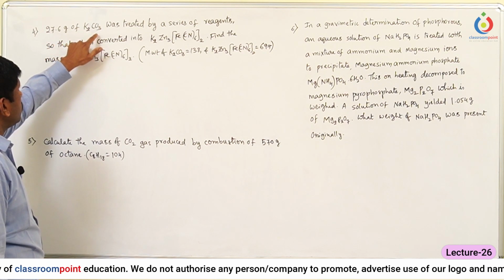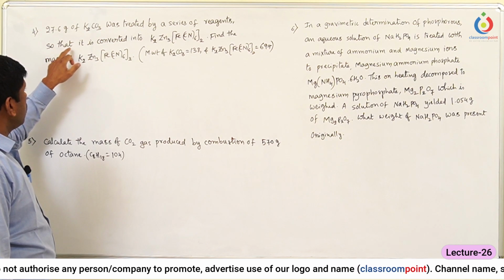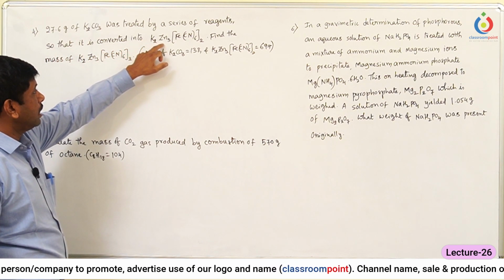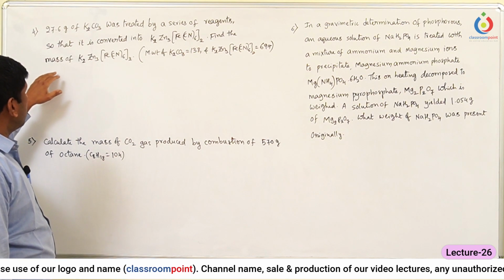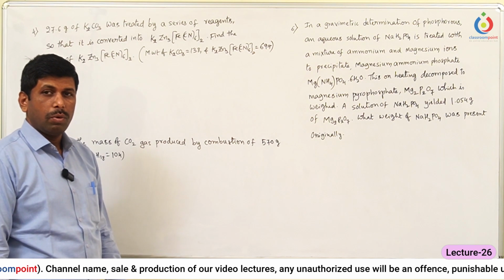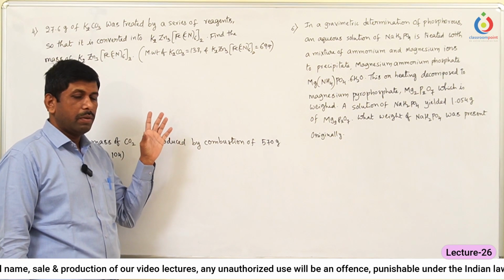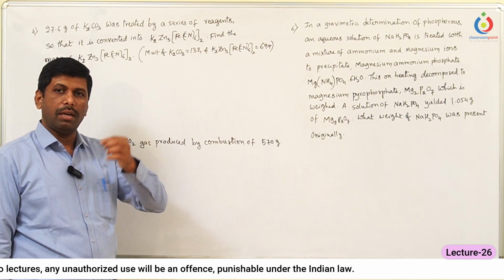27.6 grams of K2CO3 was treated with a series of reagents so that it is converted into K2Zn3[Fe(CN)6]2. Find the mass of this complex. See, here they said a series of reagents. Whatever it may be, the beauty of POAC is that we take only the starting reactant molecule and the final product.